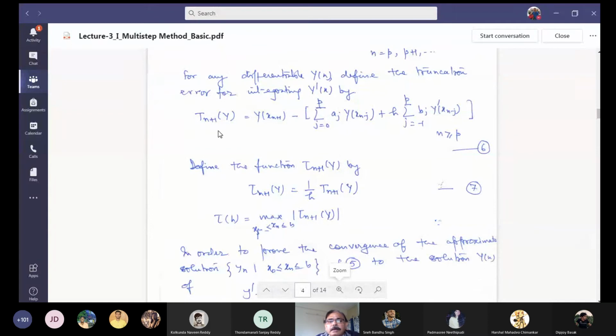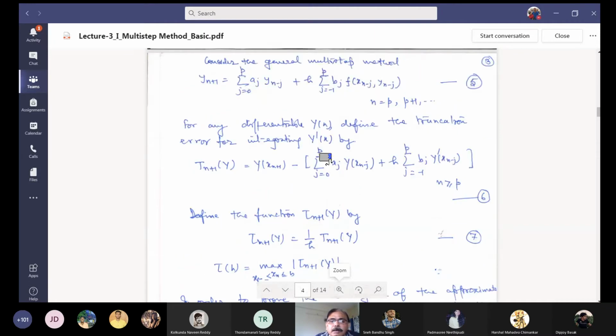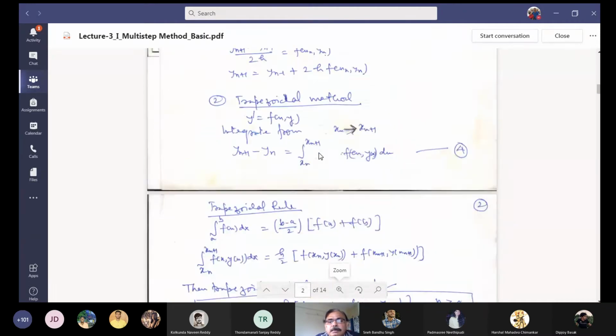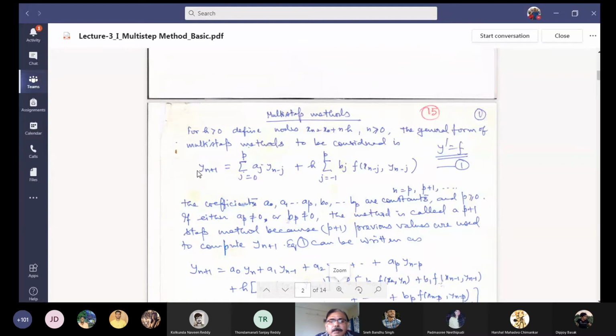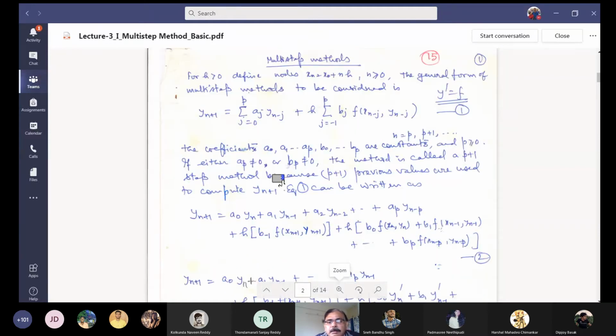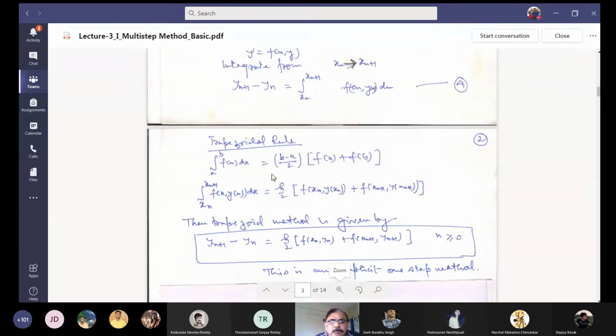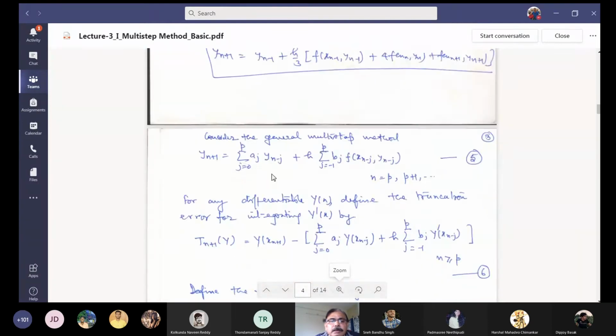The local truncation error: if the method is given by y_{n+1} equal to the sum over j equal to 0 to p of a_j y_{n-j} plus h times the slope part, then the error will be y_{n+1} minus the whole thing, right? Yes, sir. So this is what is written here.